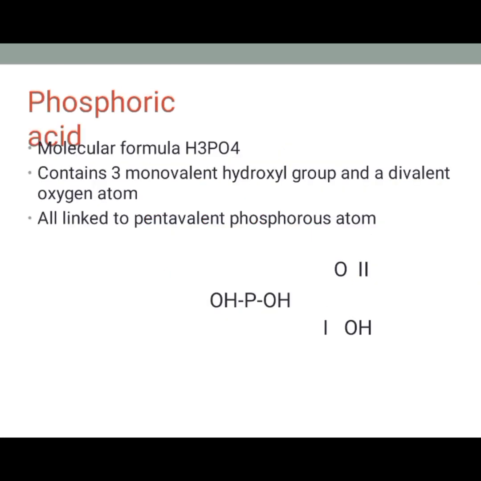So a phosphate linkage is there, that is H3PO4, which contains three monovalent hydroxyl groups and a divalent oxygen group. And the sugar is a pentose sugar, ribose or deoxyribose.